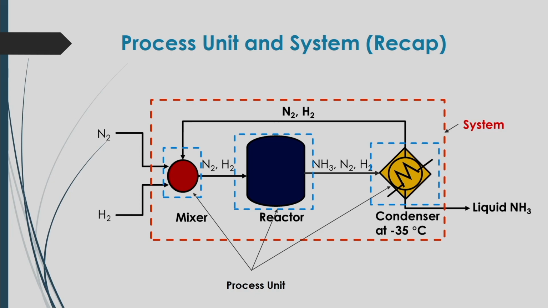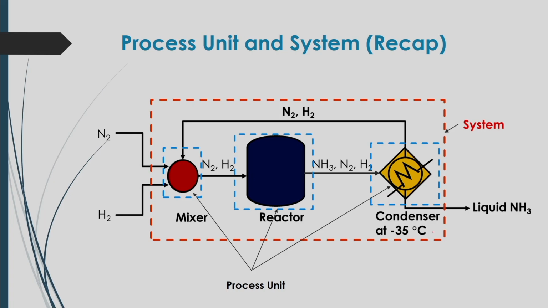Now, see here in this slide one process unit and system is given, as we described in our previous lecture. You have a mixer, reactor and condenser for a particular process, like ammonia to be produced from hydrogen and nitrogen gas.